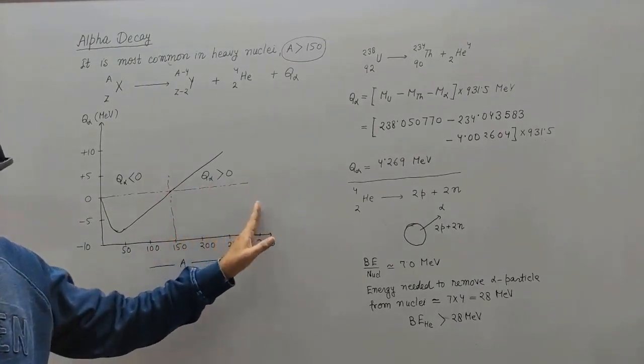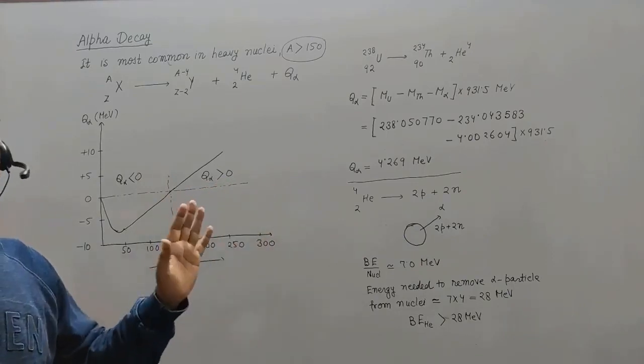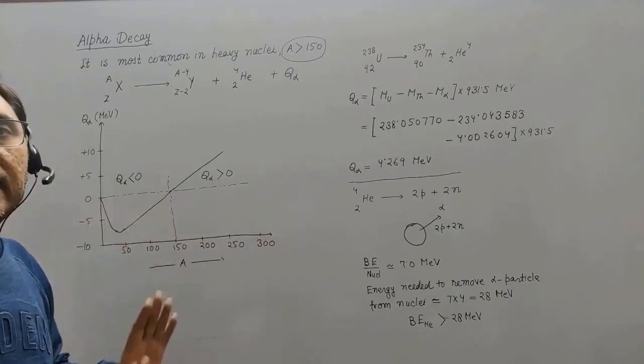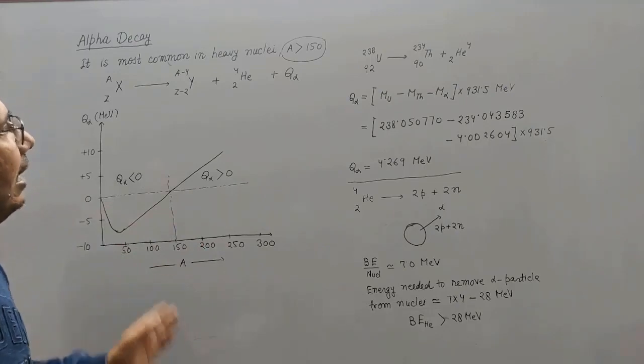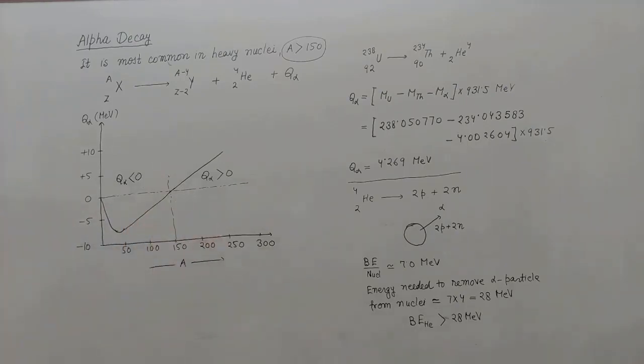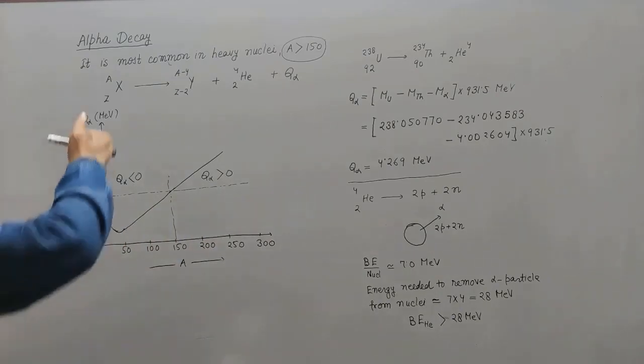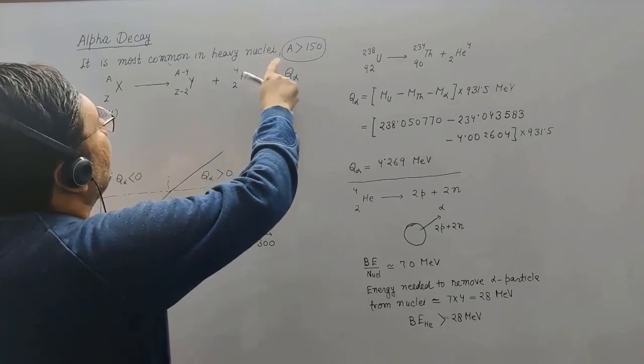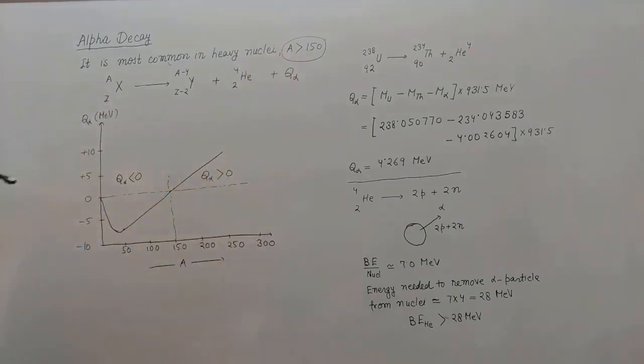So this will be a naturally occurring process. And in this process, we will not provide any external energy. Rather, when the alpha particle is emitted, some energy will be released. So that's why we have written that it is one of the most common modes in heavy nuclei for A greater than 150.